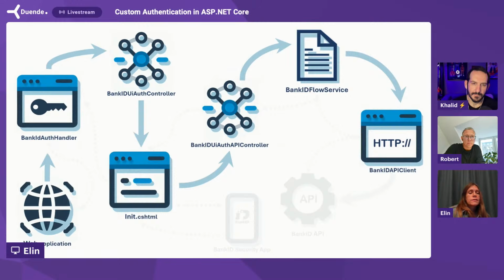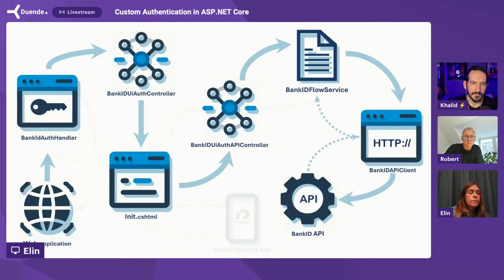Then the flow service is using a built-in HTTP client inside Active Login to make the actual call to the API. And the service is now using the response from BankID to either create a launch URL to start its security application or to create the first QR code to display to the user.